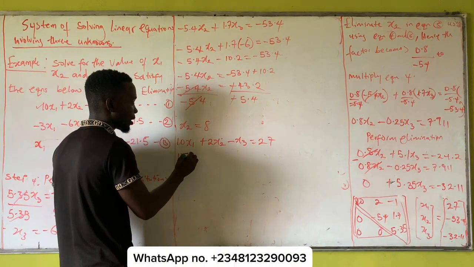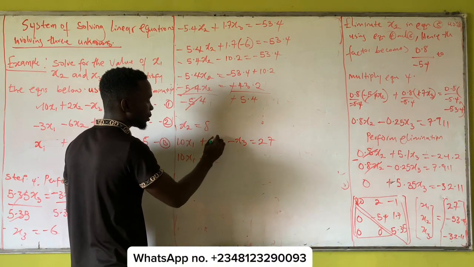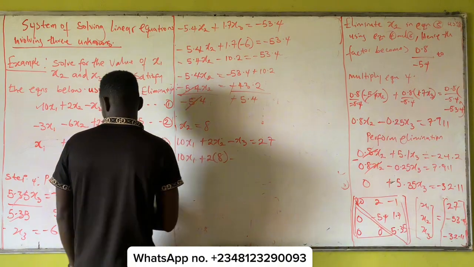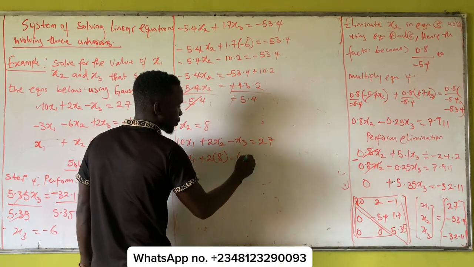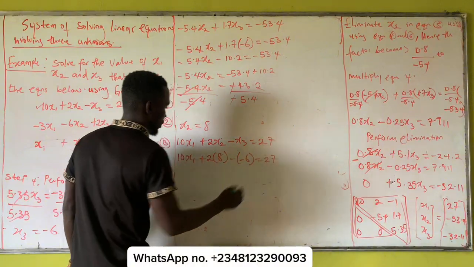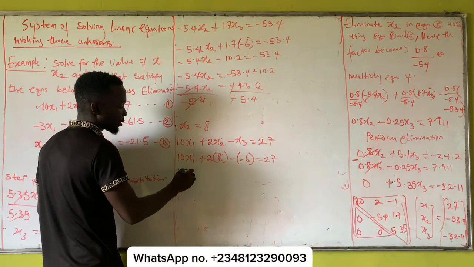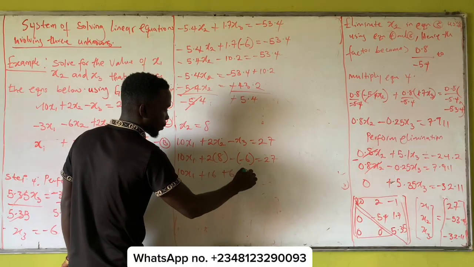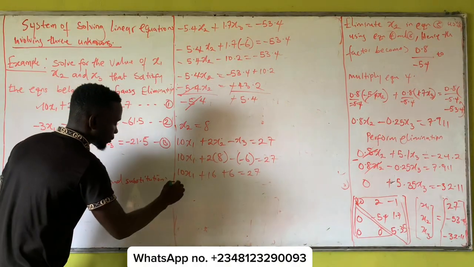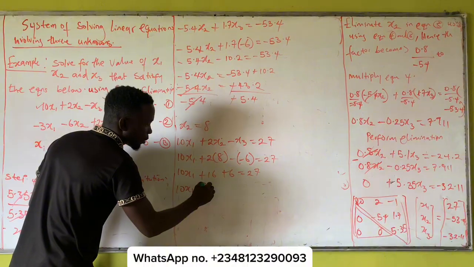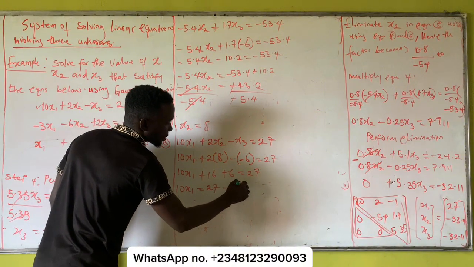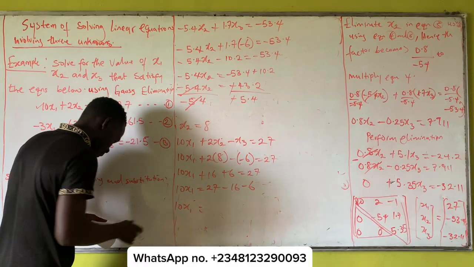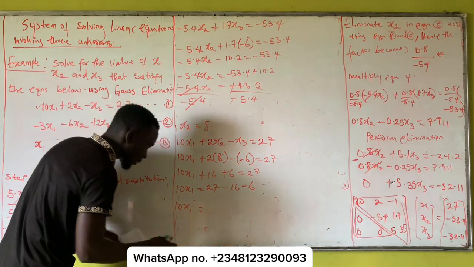We are going to have 10x1 plus 2 into the value of x2, which is 8, minus the value of x3, which is minus 6, equal to 27. This will give us 10x1 plus 16 plus 6 equal to 27. So this will give us 10x1 equal to 27 minus 16 minus 6. So 10x1 here will be equal to 5.